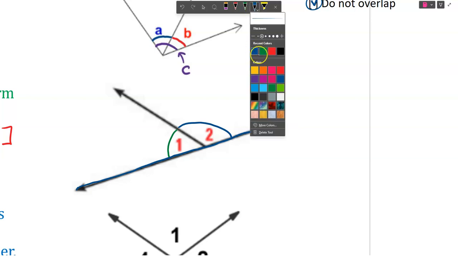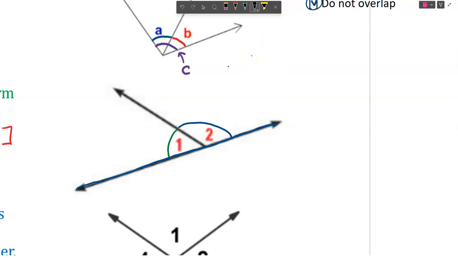When I draw their little arcs, angle 1 and angle 2 essentially create a semicircle, and that semicircle measures 180 degrees. So the conclusion is that the measure of angle 1 plus the measure of angle 2 will always equal 180 when working with a linear pair.